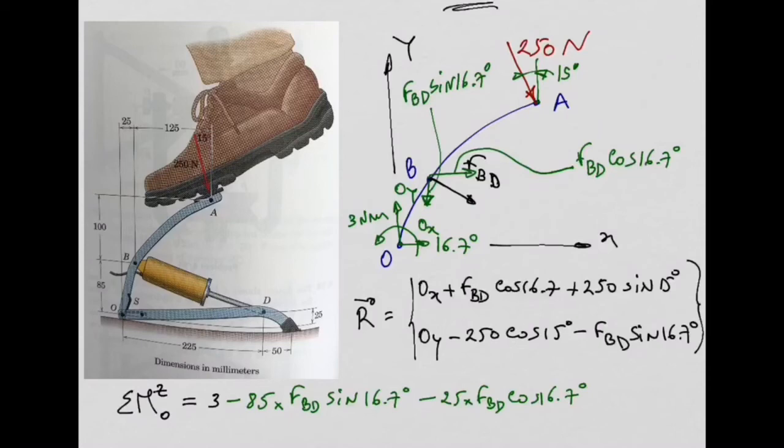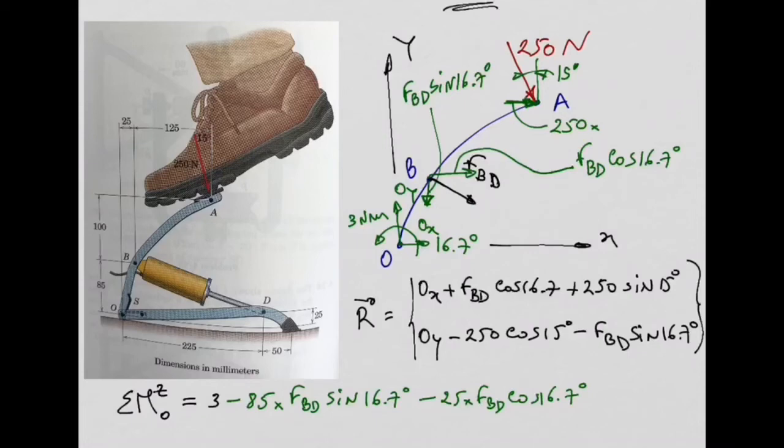But we still have to consider the moment produced by this 250 about point O. So we can do a similar approach. We can decompose this force 250 into a horizontal component, which is 250 times what? 250 times cos 15 or sine 15?